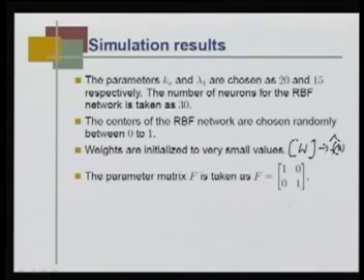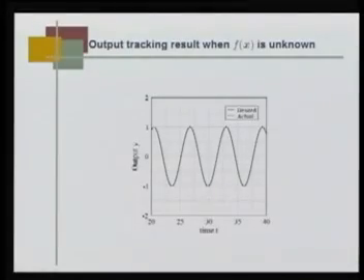As you know, the weight update law w hat dot for approximating f hat x, we found to be minus F phi r, and we also took this phi function to be a Gaussian function. Okay. Taking that, you see the tracking is very exact; the desired and actual almost match.